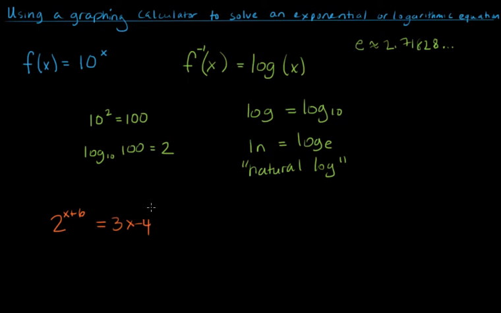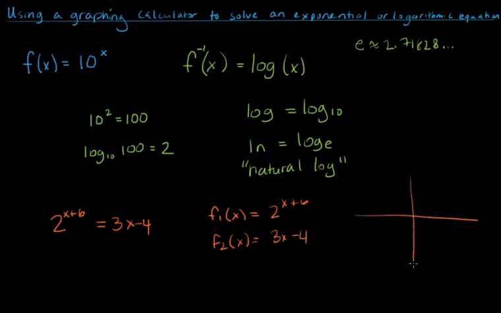Basically, you can put it into the graphing calculator as two different functions. So f1 of x is going to be 2 to the x plus 6, and f2 of x is going to be 3x minus 4. Then you're going to get a graph that looks like this, and then another graph that looks like this, or something like that.